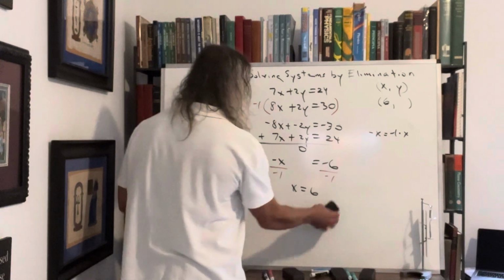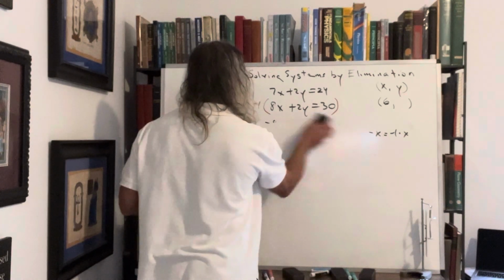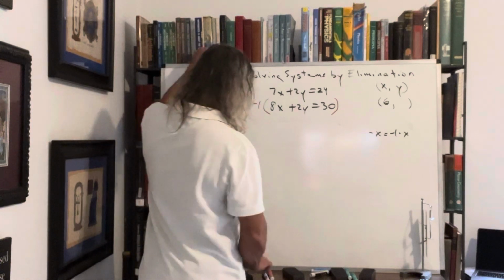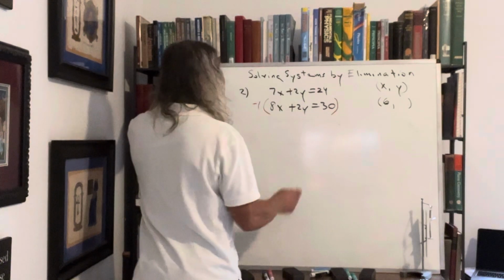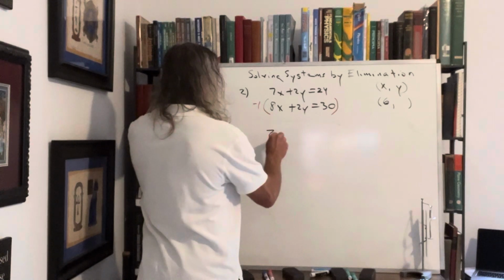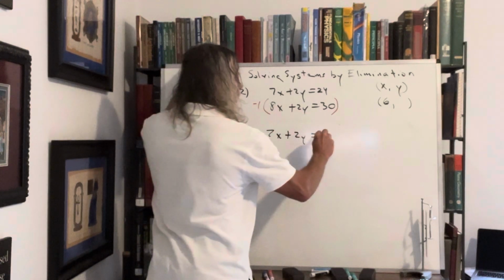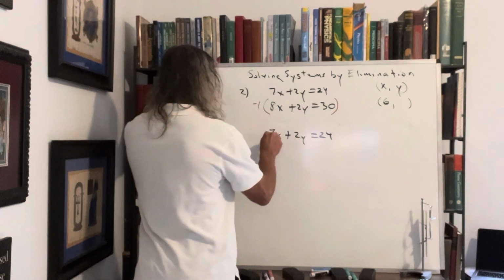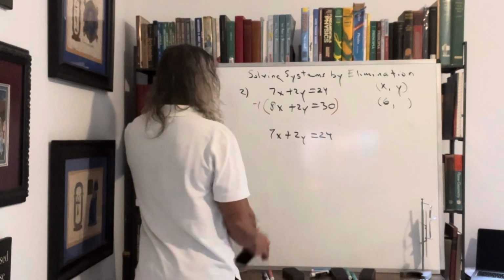Remember, if you need a copy, stop, rewind, pause, whatever. So 7x plus 2y is 24, and we found out that x is 6. So we can put a 6 in place of it.